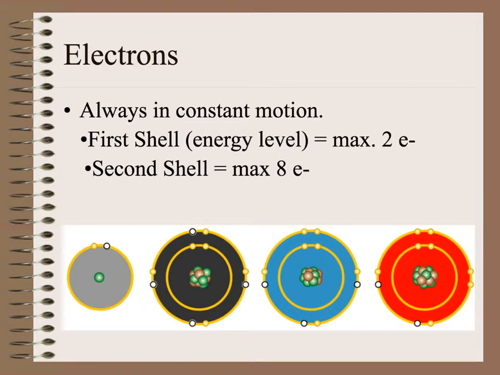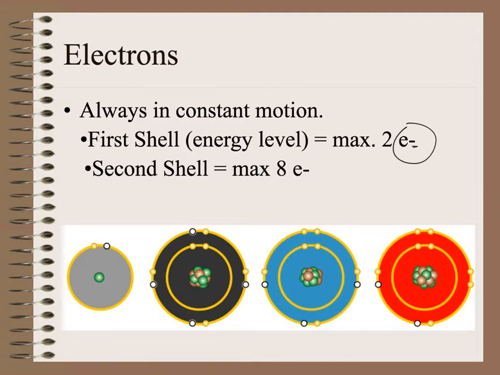They have different shells, or energy levels, or orbits that they can be found in. The first energy level, the first shell closest to the nucleus, can have a maximum of 2 electrons. This is an abbreviation for electron because they are negatively charged. In the second shell, there can be a maximum of 8 electrons.